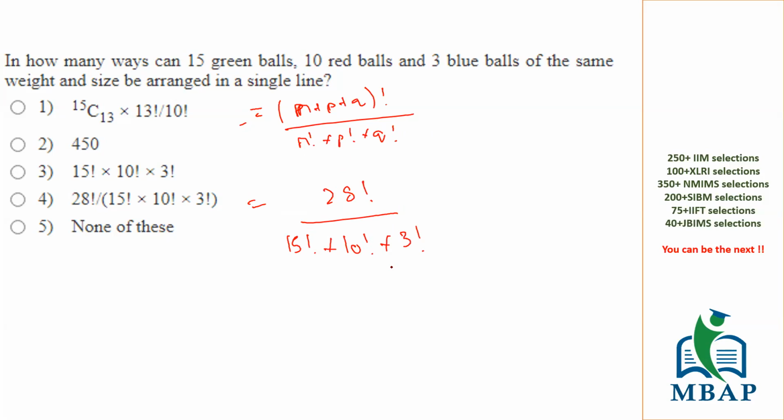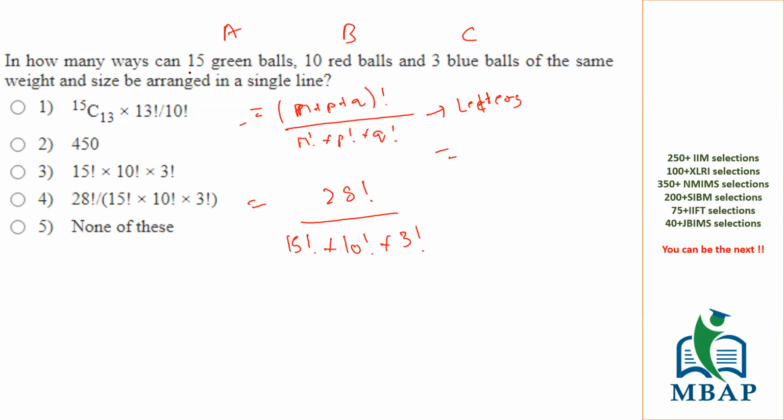So kindly treat it as a letter question. For the letters, the number of words which we make. Suppose you have 15 A, 10 B, and 3 C. How many different words you can make? So total number of spaces we look.